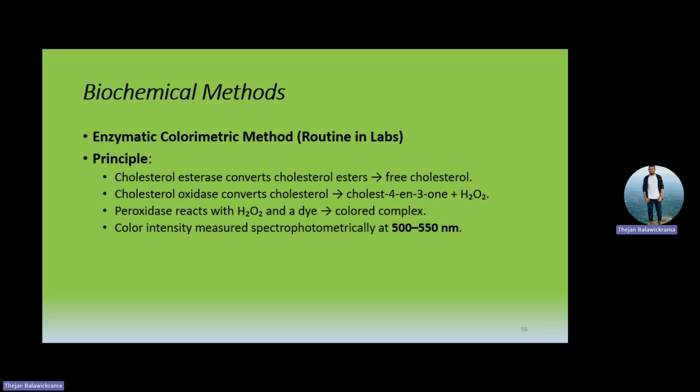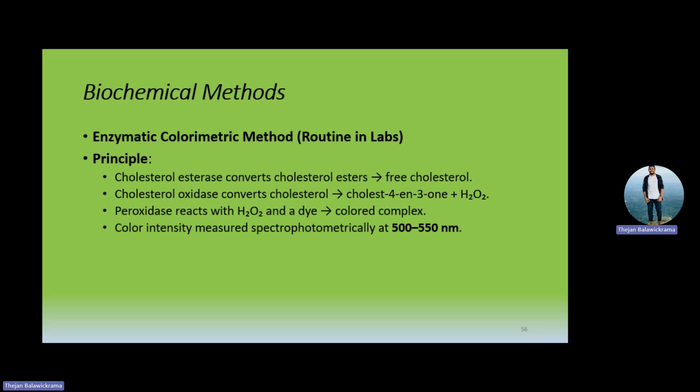Now we have hydrogen peroxide. Then peroxidase reacts with the hydrogen peroxide and a dye, and it forms a colored complex. Then we measure the color intensity.